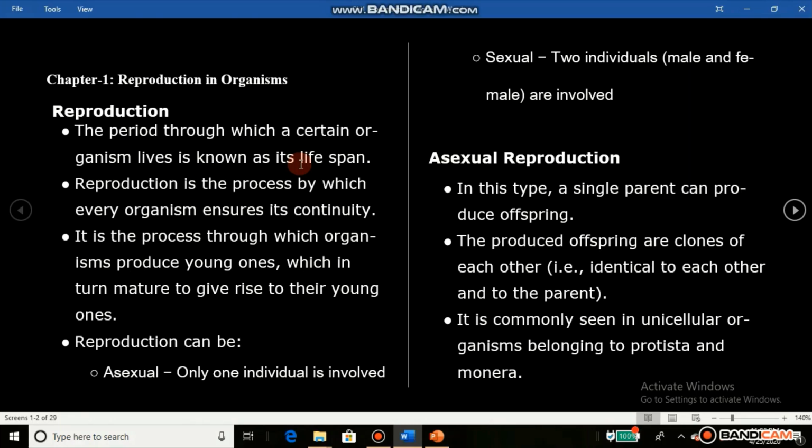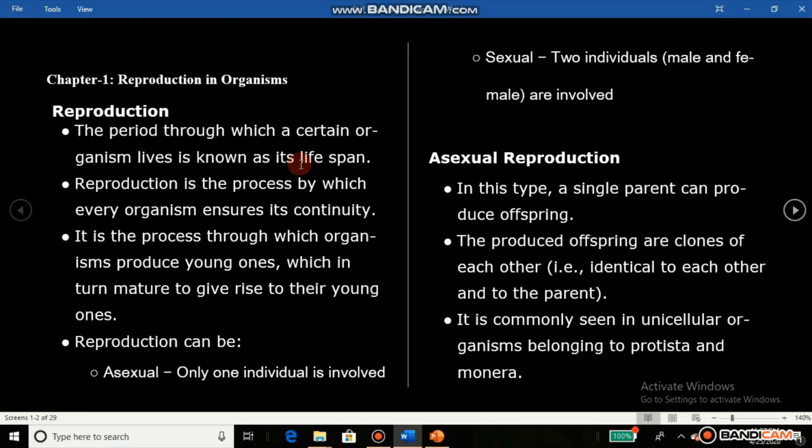Lifespan means when an organism dies naturally, when it matures or has aging. That is known as lifespan. This is the meaning of lifespan.